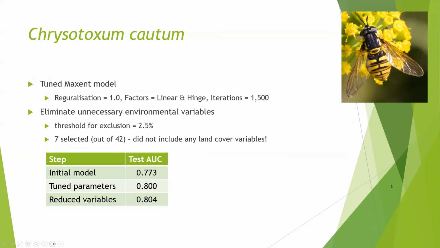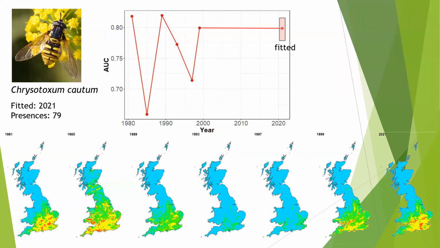Again, if we tune the model, I got a regularization of 1, linear and hinge factors, 1500 iterations. Again, it got rid of most of the variables, only 7 left, and none of those were land cover variables, which surprised me a bit. So this is entirely soil and climatic variables we're working on.